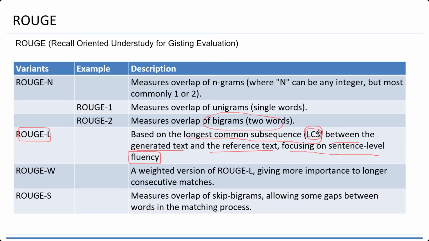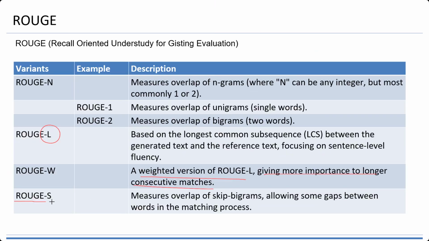We can apply the LCS algorithm to check between the two texts, generated and reference. We have ROUGE-W. W means we have a weighted version of this L. It means we will give more importance to the longer consecutive matches.